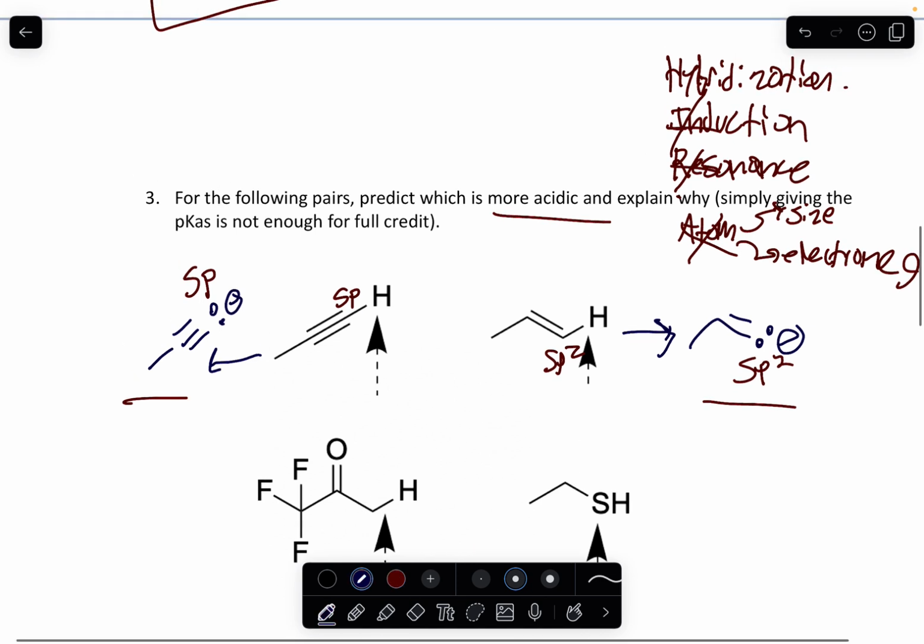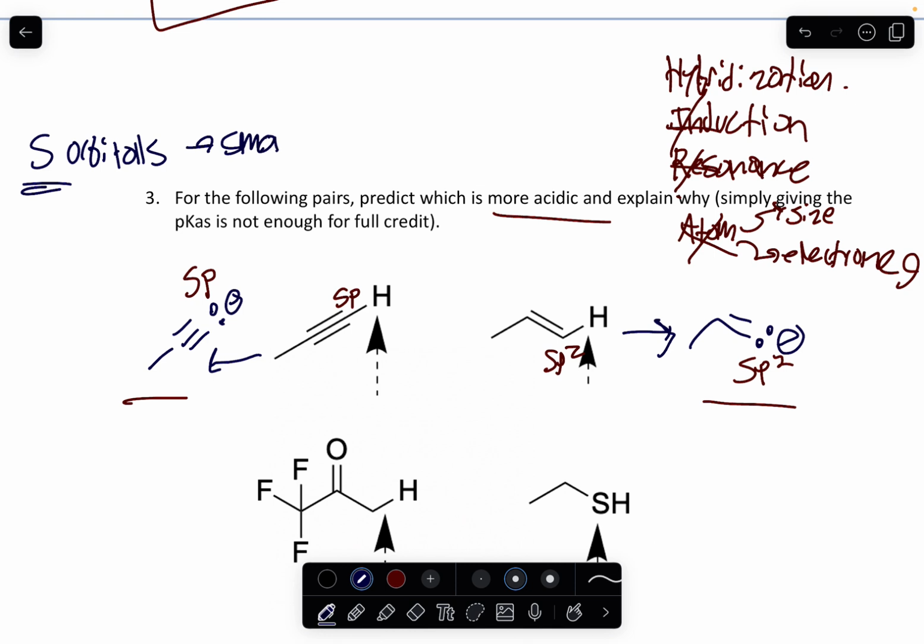You may remember s orbitals. The s stands for small and spherical. So this has 50% s character. If it's hybridized sp, that means 50% of the hybrid orbitals are going to be s character. In this case, it's going to be 33% s character.